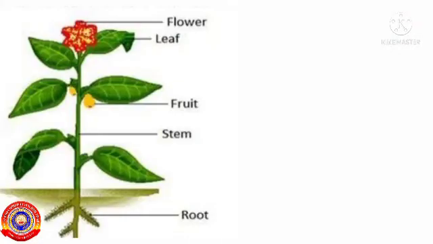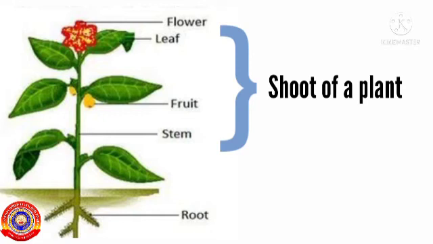The parts of plant that can be seen above the soil is called shoot of a plant. Shoot of a plant includes stem, leaves, flowers and fruits. The part of a plant that can be seen below the soil is called root of a plant.